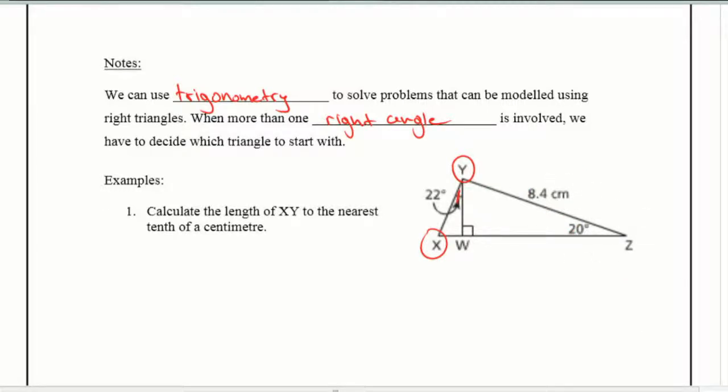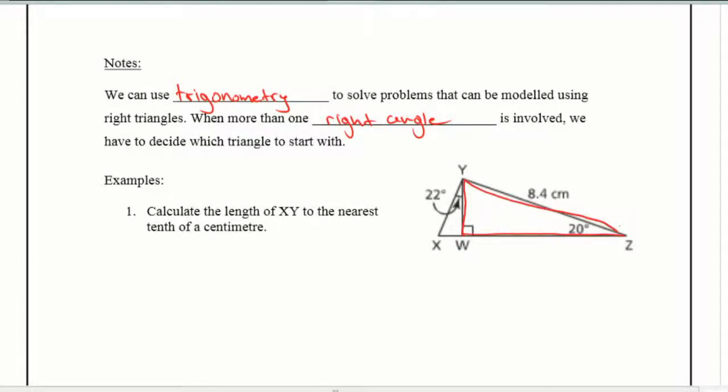The shared side is this YW down the middle. If I can find the length of that shared side, then I can use it with the 22 degrees to find the length of the side YX. So I'm going to ignore all of this over here and deal with the red triangle to begin with.